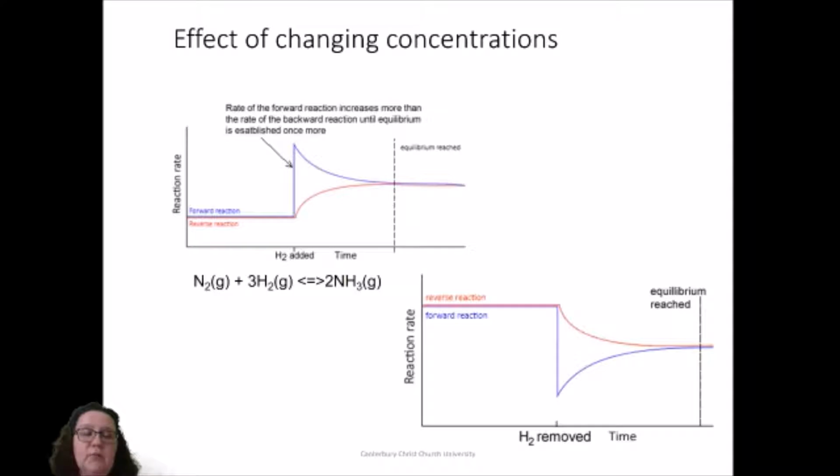Let's use the example of the Haber process, the production of ammonia from nitrogen and hydrogen, to see how playing with the concentration of reagents or products would affect the equilibrium.